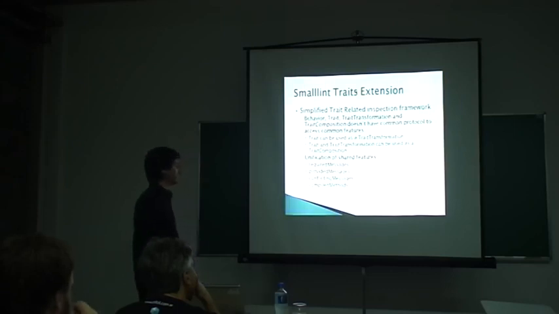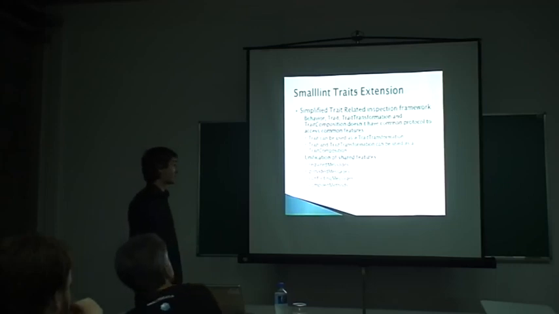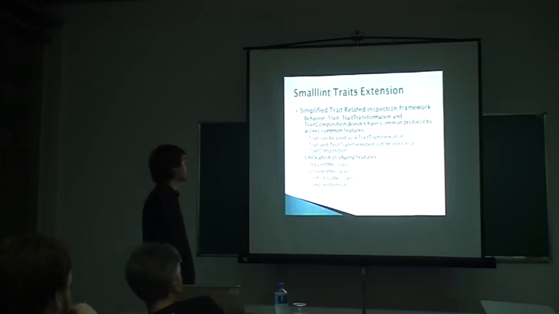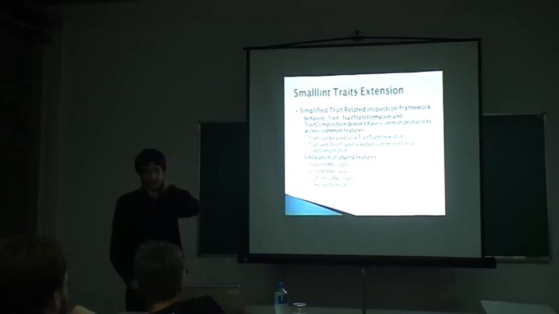Also, as a result of this work, we get a simplified trait-related inspection framework. Actually, I couldn't use inspector for this structure because it's a really strong name in Smalltalk.